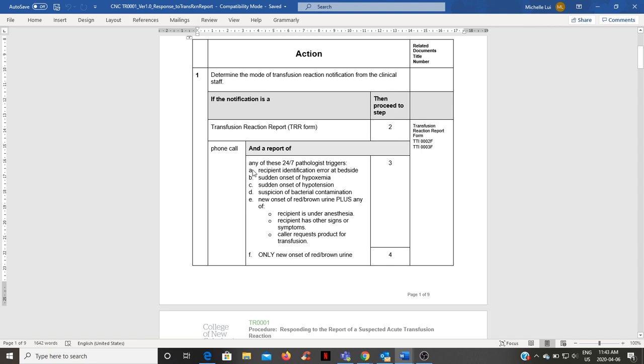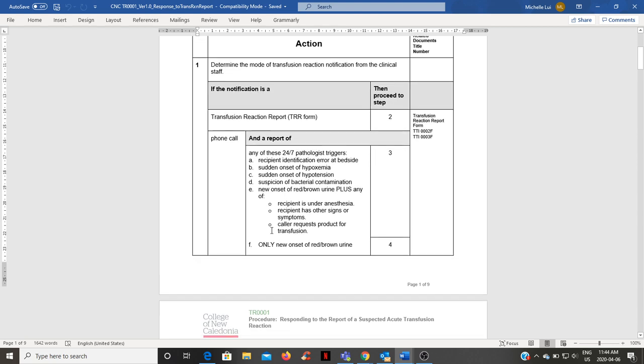A, was there a recipient identification error? No. Was there sudden onset of hypoxemia? Not that they told us. And C, sudden onset of hypotension? Yes. So hypotension is the one.